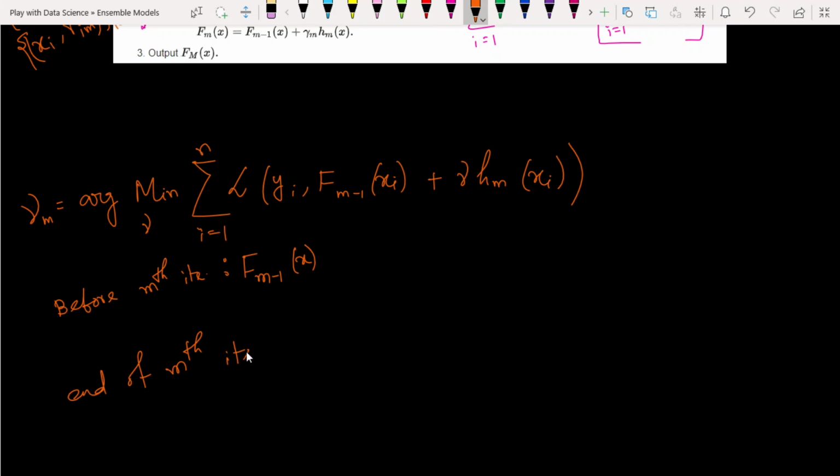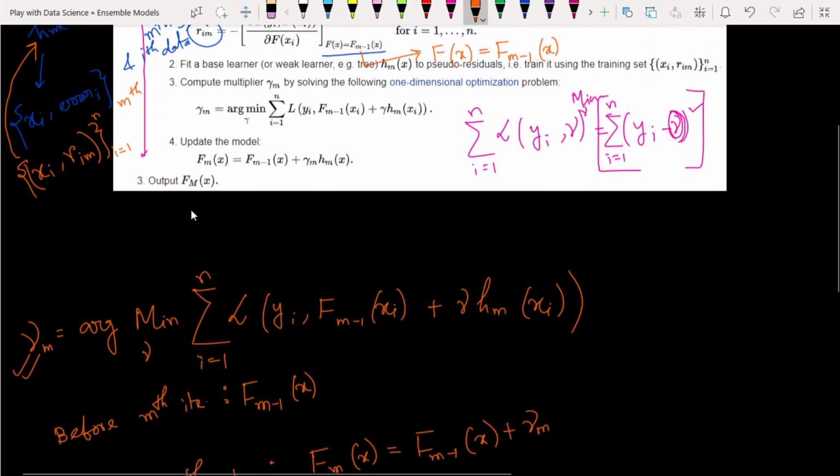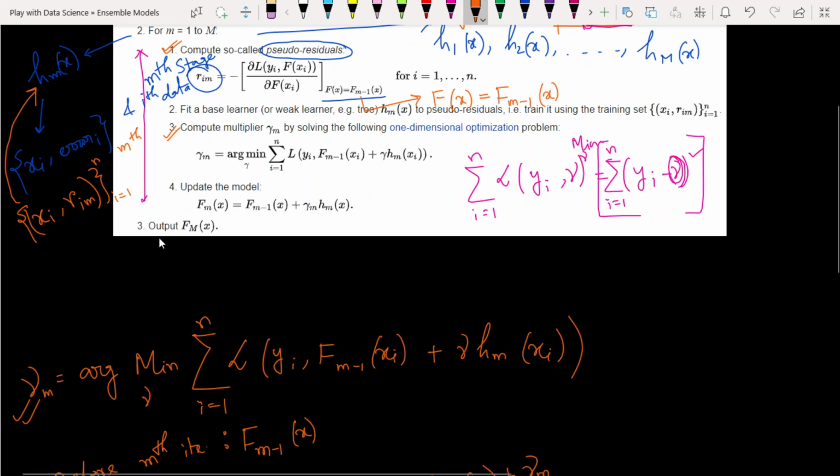at the end of the mth iteration, what do we have to find? We have to find this F m of x, and how will it be found? It is found using this formula: F m minus 1 of x plus gamma m, that we have found from substage 3.